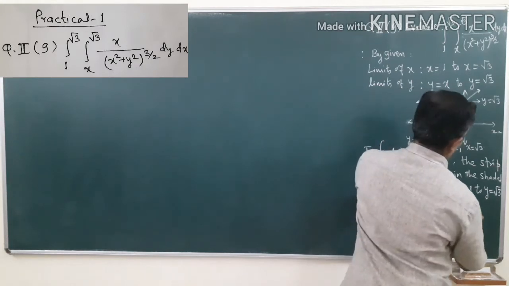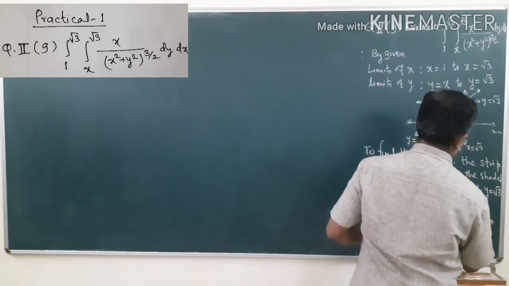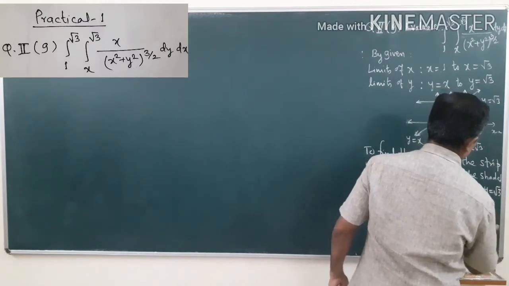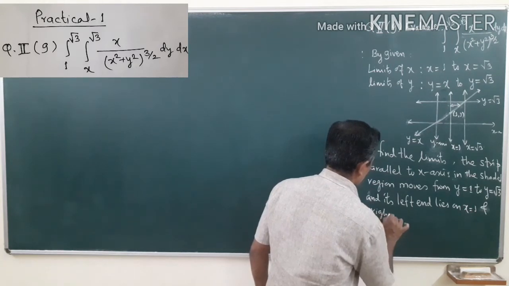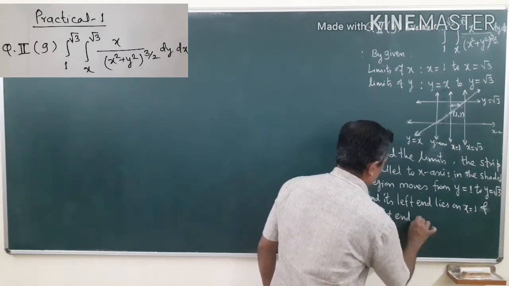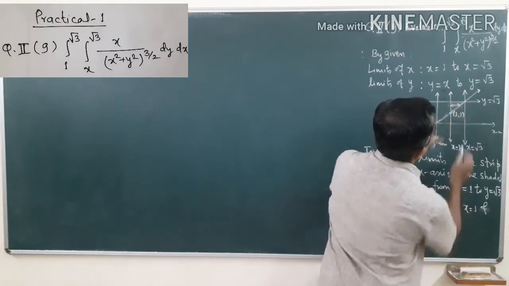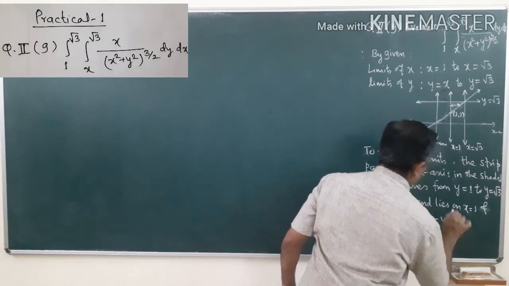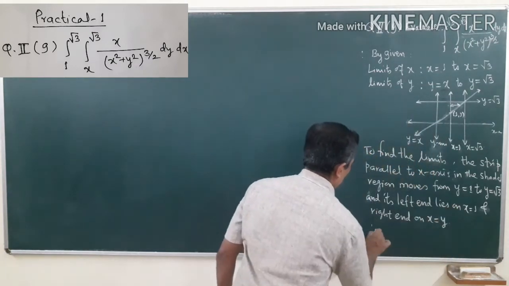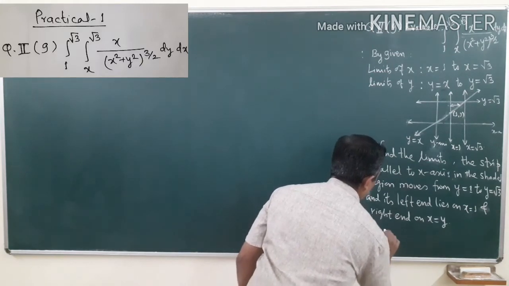On x is equal to 1, and the right end lies on this line, so that is x is equal to y. Therefore, what are the limits here?